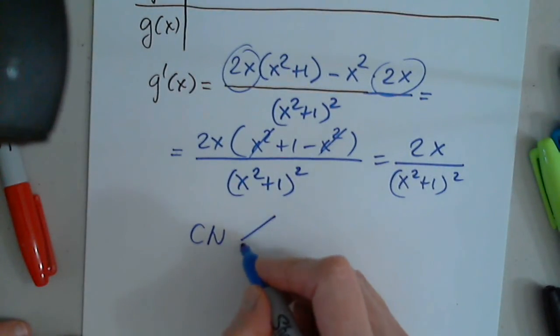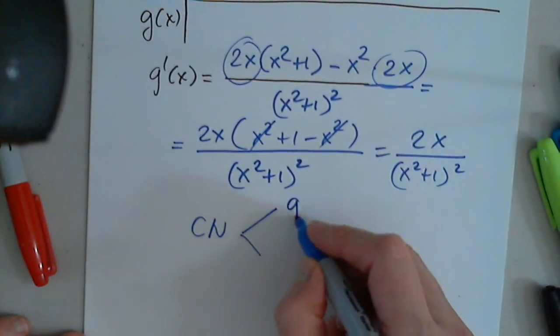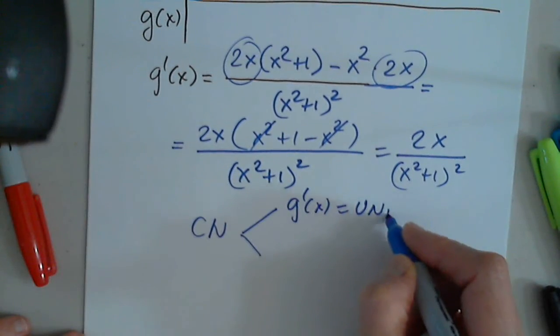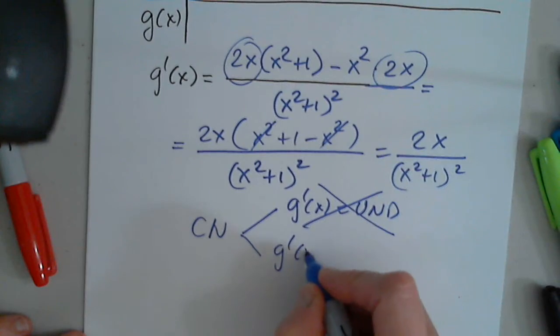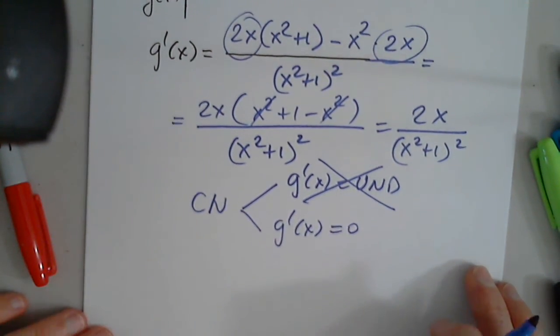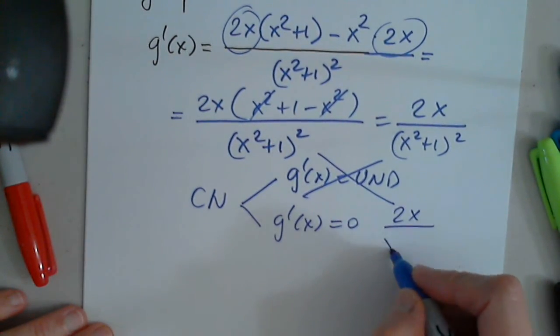Critical numbers come from two possible sources. G prime being undefined, not the case here, because x squared plus 1 is always non-zero. This will always exist. But g prime could be 0. So what do we get when a fraction is set equal to 0?